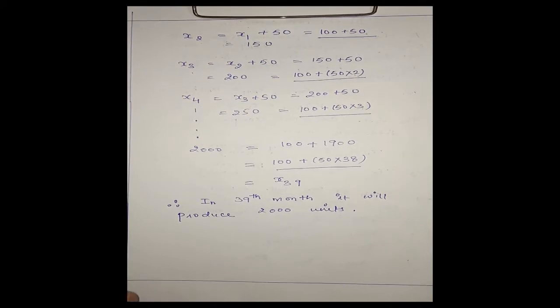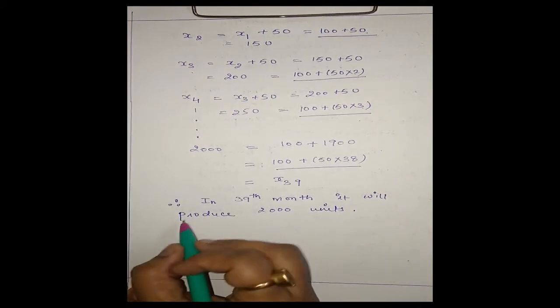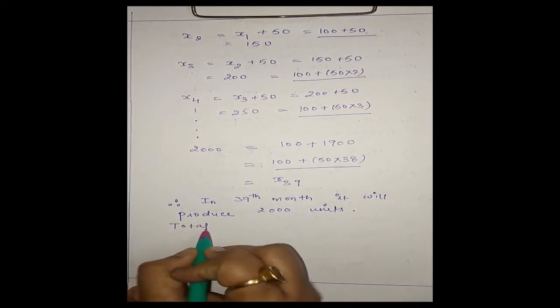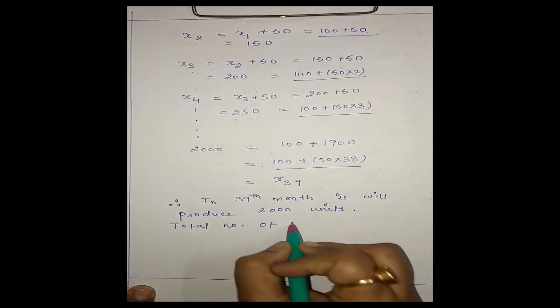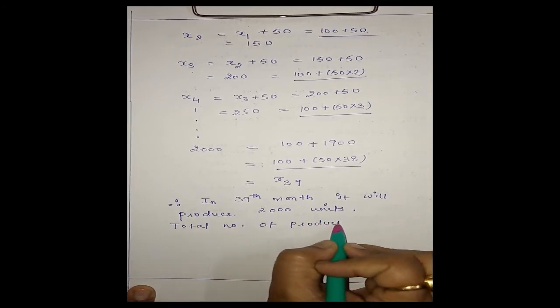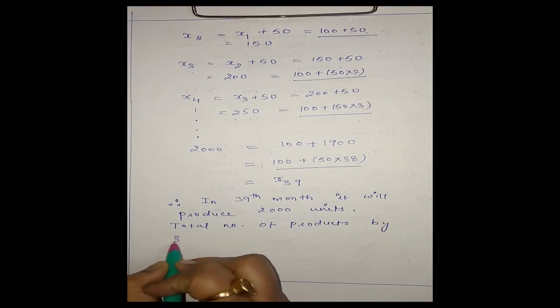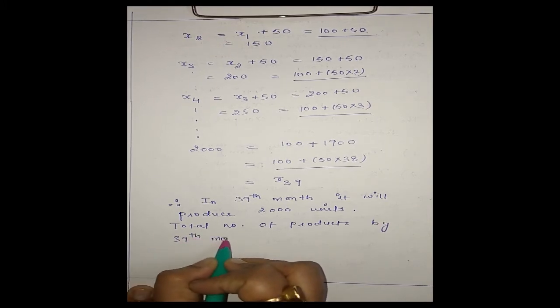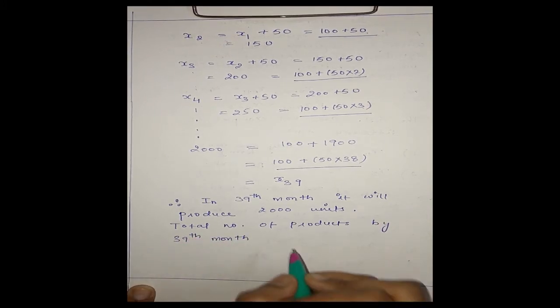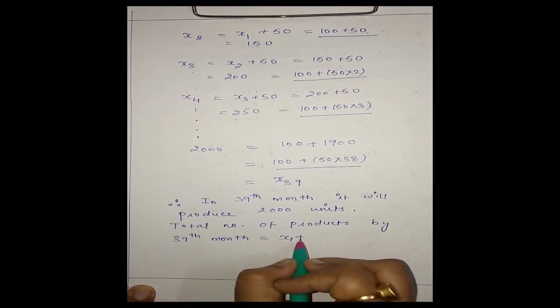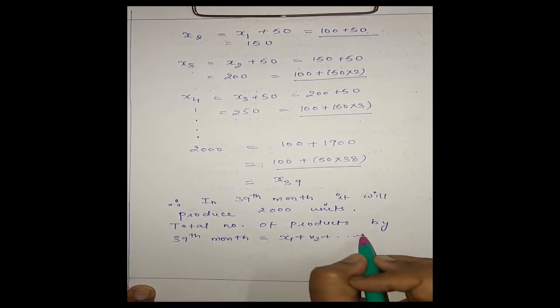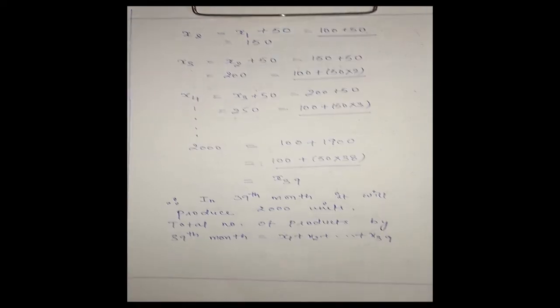This is the second part of the problem. Now we want to find the total number of products by the 39th month. That is x1 plus x2 up to x39. Clear?